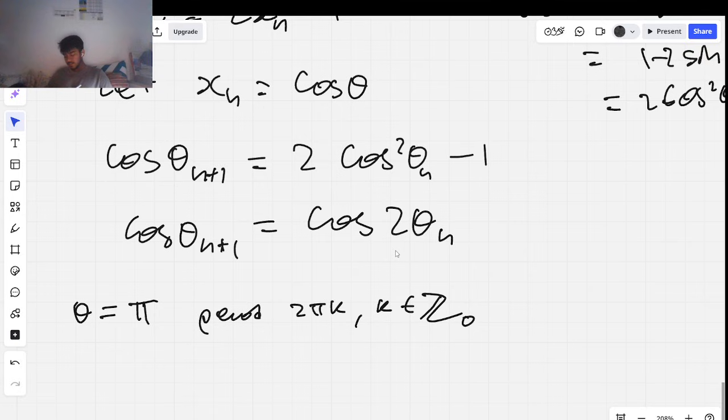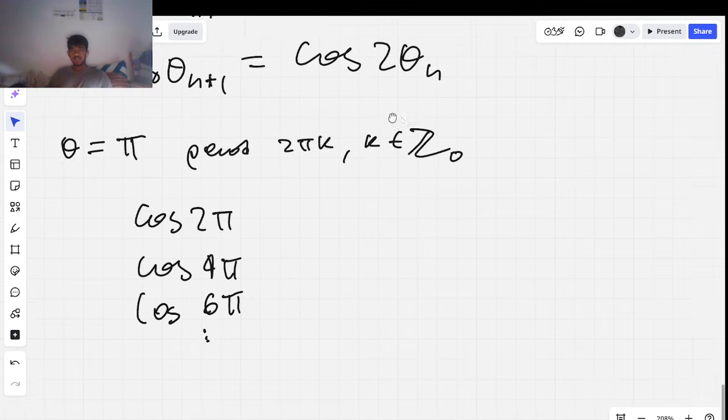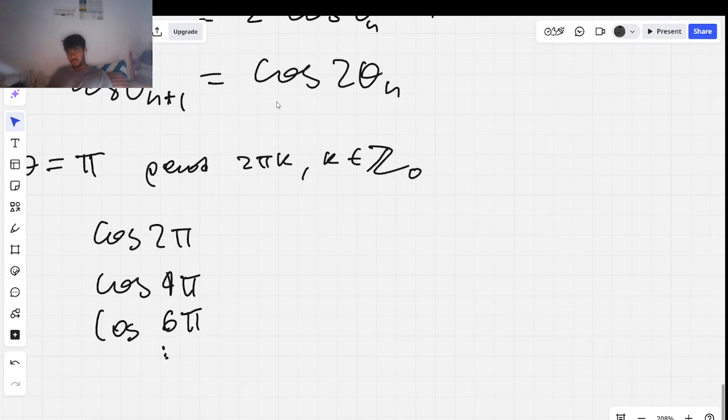So cos pi, cos 2 pi, cos 4 pi, cos 6 pi, and so on. What I am perplexed about now is what I can do with this information.